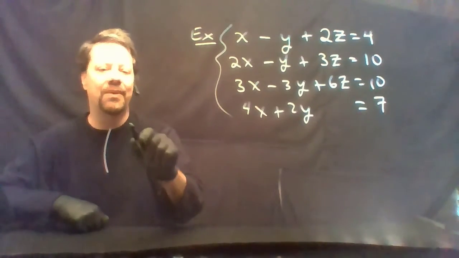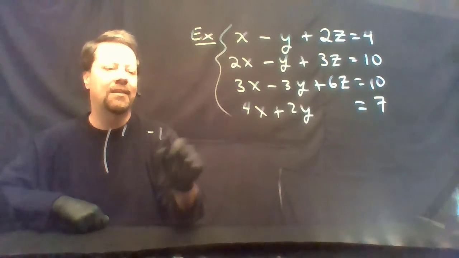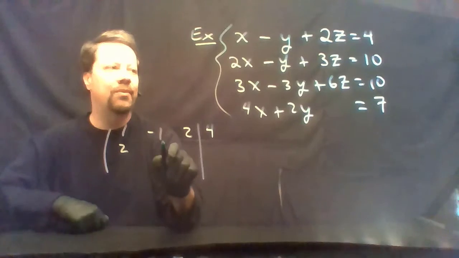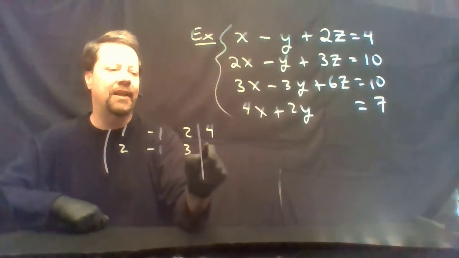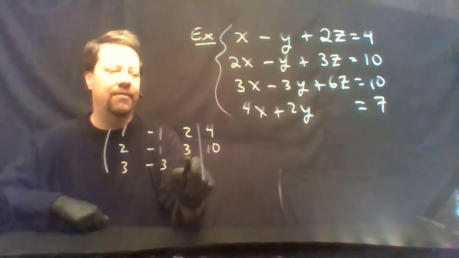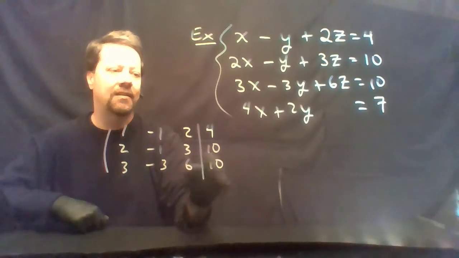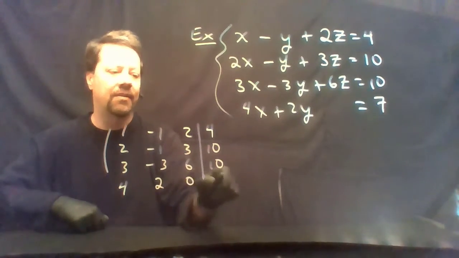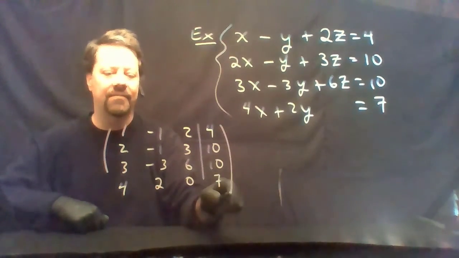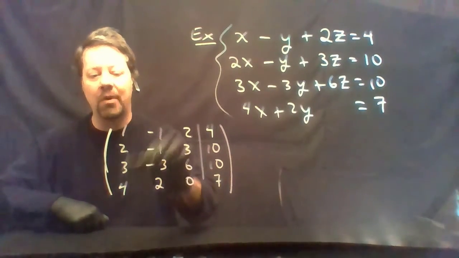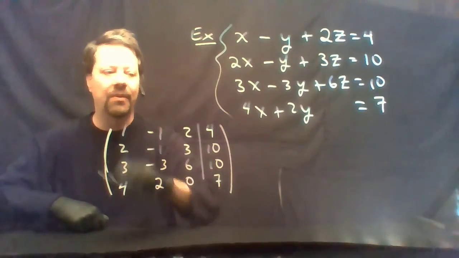Putting this into an augmented array: 1, -1, 2, slash 4; 2, -1, 3, 10; 3, -3, 6, 10; 4, 2, 0, 7. We'll perform 3 elementary row operations to get zeros below this leading 1.